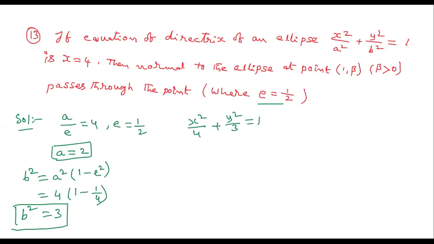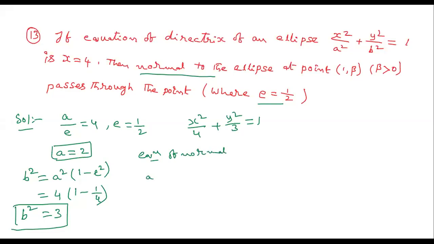Now we need to find the normal to the ellipse here. What is the equation of normal to the ellipse? Tell me the formula. That is the equation of normal to the ellipse.